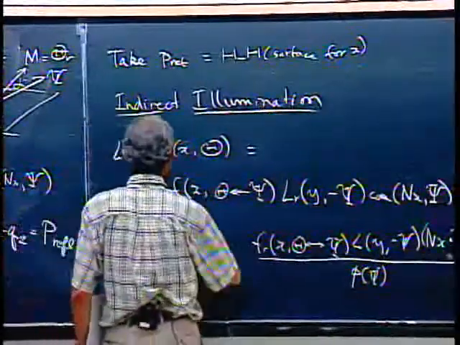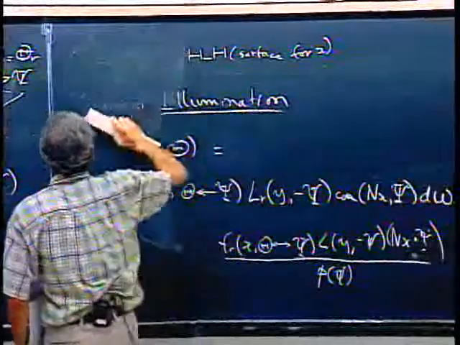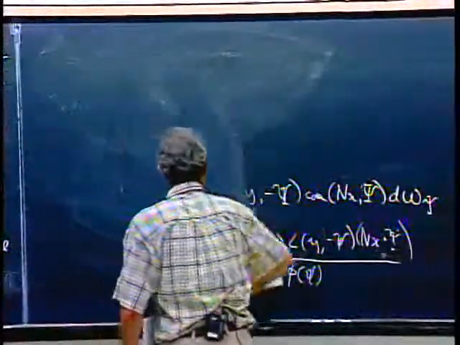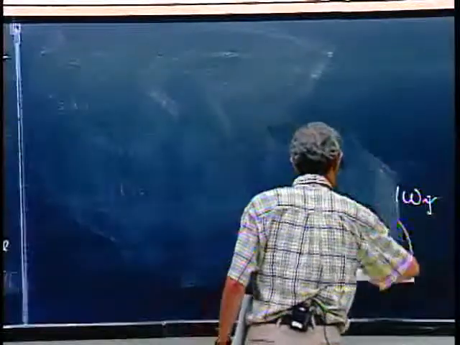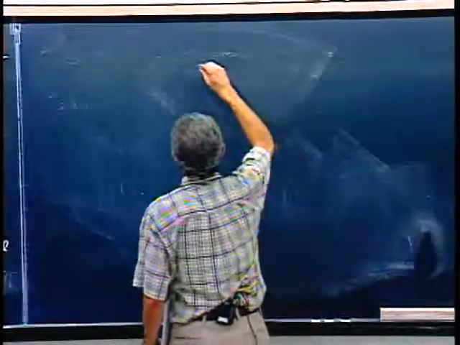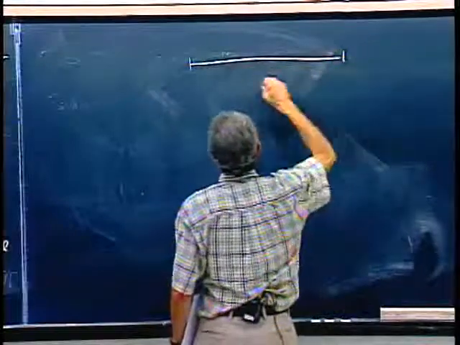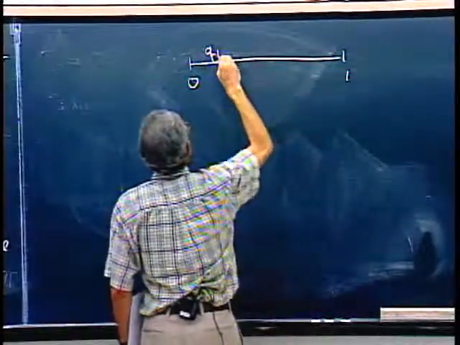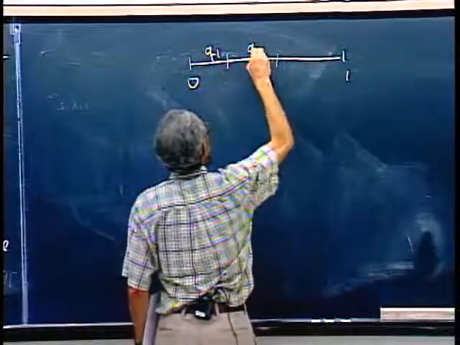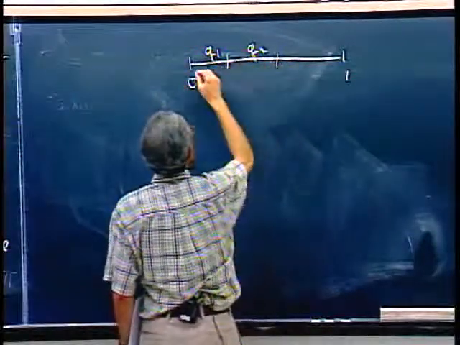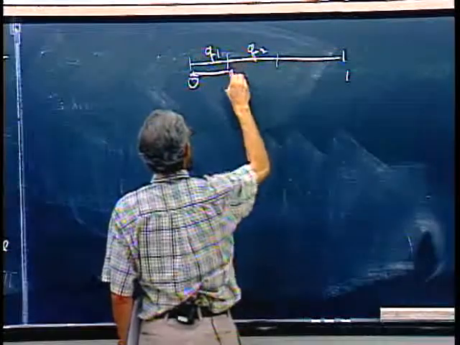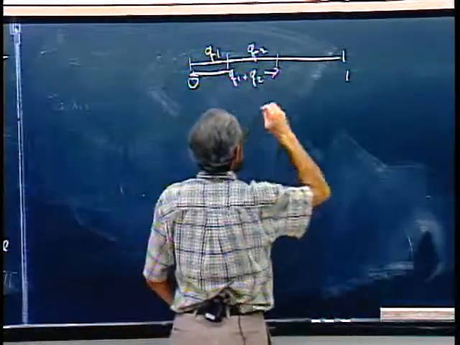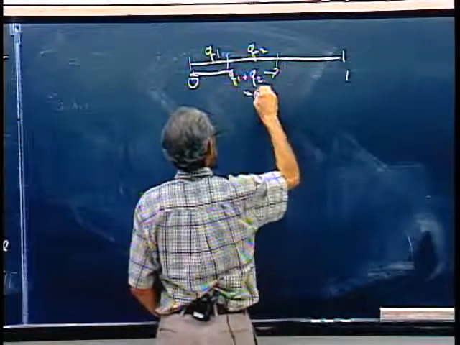So what we can do actually is sample according to both distributions. If I think of the number line going from 0 to 1, here is Q1, the interval between here and here is Q2, and the sum is Q1 plus Q2, and that's my probability of reflection.